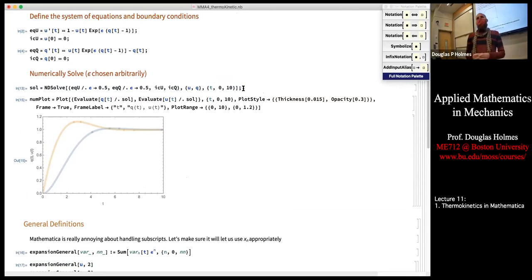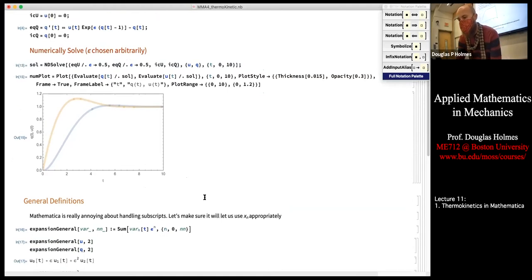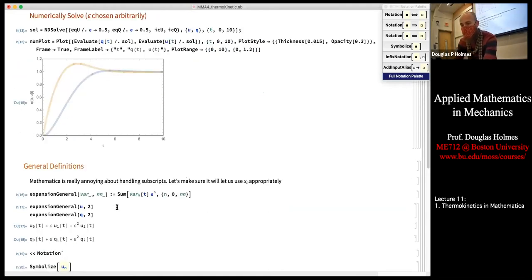These require two different answers. This one's simpler. The reason why it's u here is because I defined it here as variable subscript of t. So I basically am saying whatever variable you send me, I'm going to make it a function of time.